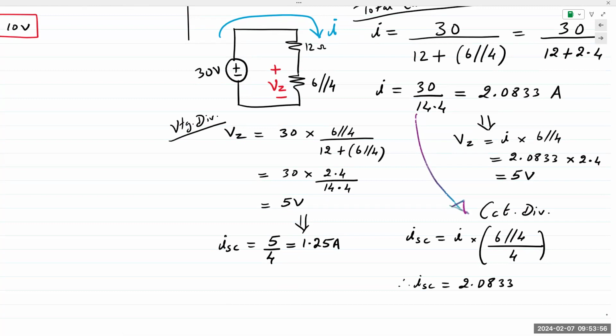That's .0833 times 2.4 divided by 4. That still gives me 1.25 amps. Two different methods, the same answer.